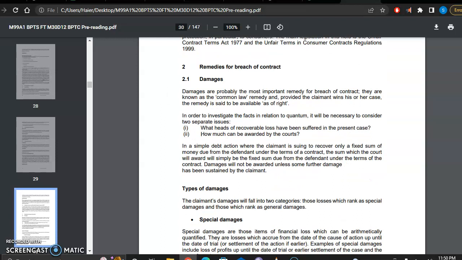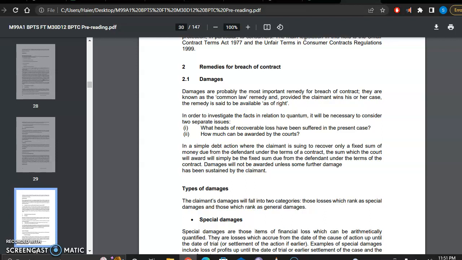Now we shall see what the remedies of the contract are. Firstly, there are damages. Damages are probably the most important remedy for breach of contract. They are known as a common law remedy, and provided the claimant wins his or her case, the remedy is said to be available as of right. In order to investigate the case in relation to quantum, it will be necessary to consider two separate issues.